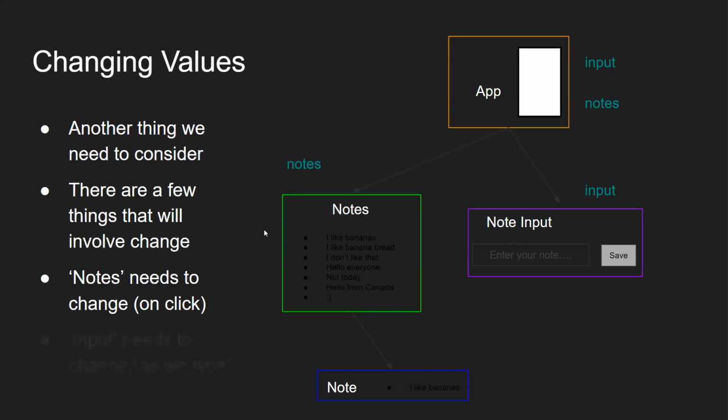Input needs to change as we type. And when we click save, what we're typing needs to be put into our notes. So two things are changing, and they differ in how they're changing.